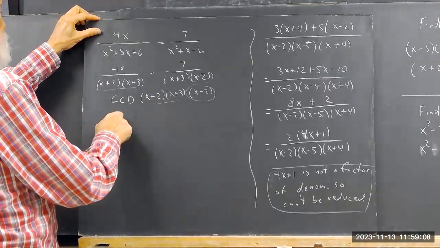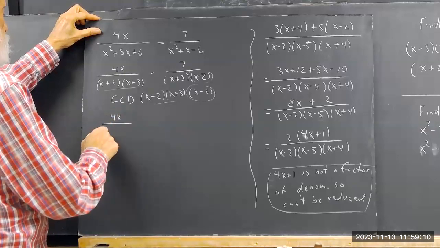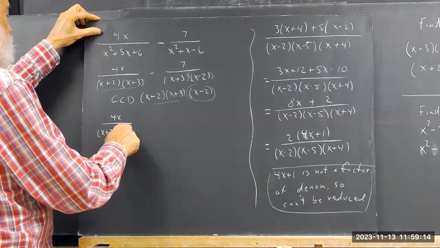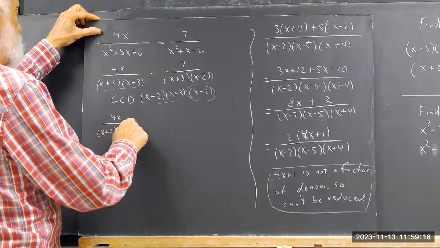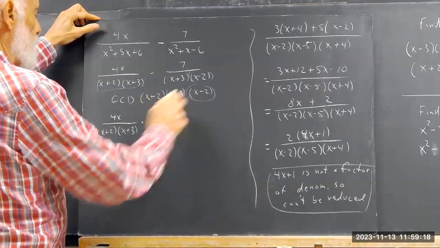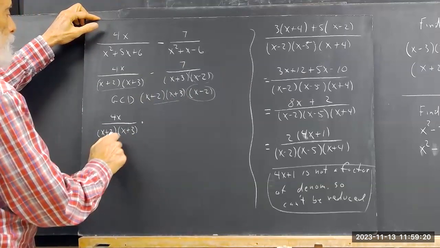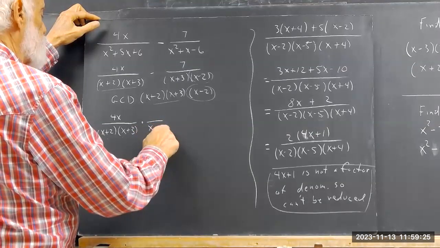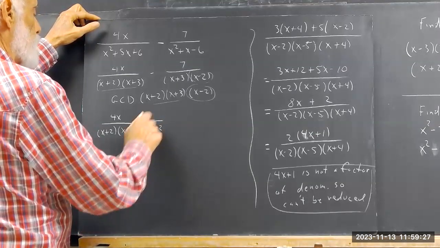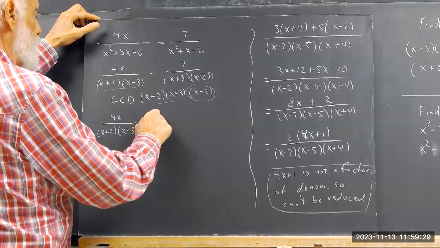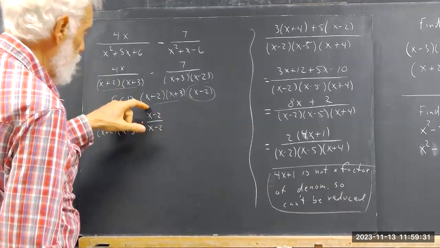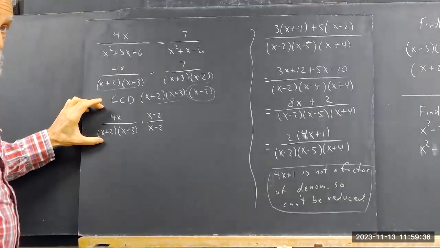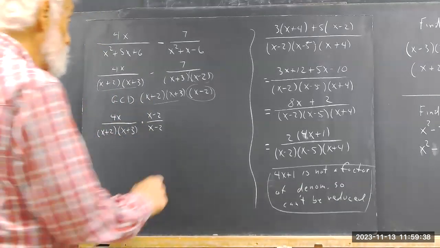Okay, so now our 4x over x plus 2 times x plus 3. To make the denominator into this, well, what are we missing from the denominator? We're missing x minus 2. So we've got to have an x minus 2 here. We have to have x minus 2 here so that this is equal to this, but this thing is really equal to 1, so it doesn't change the value of this quantity.